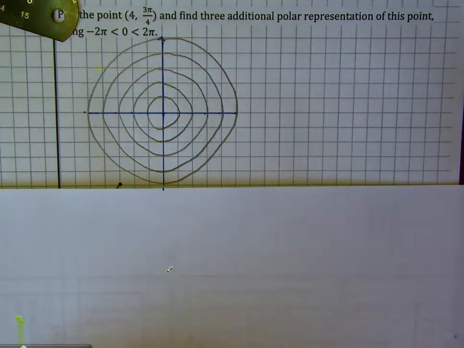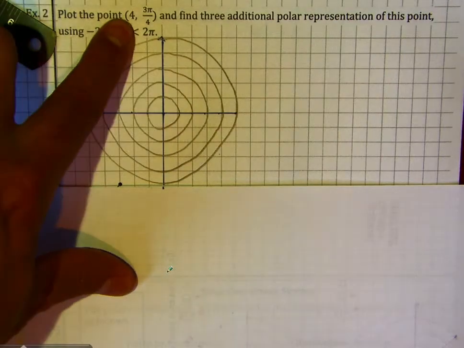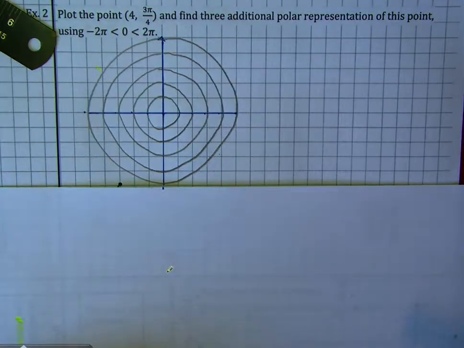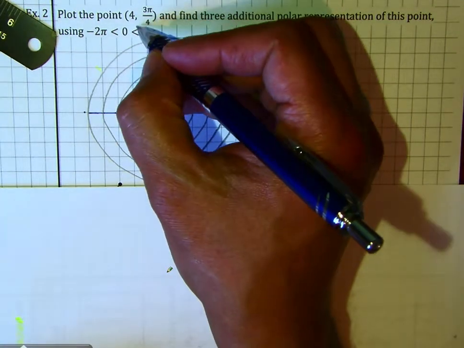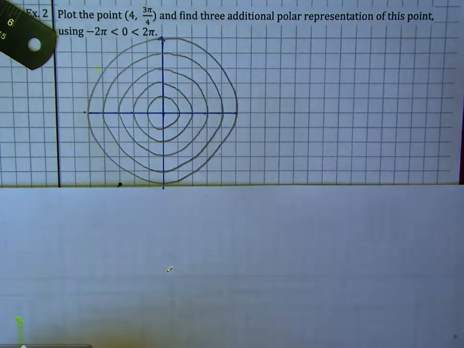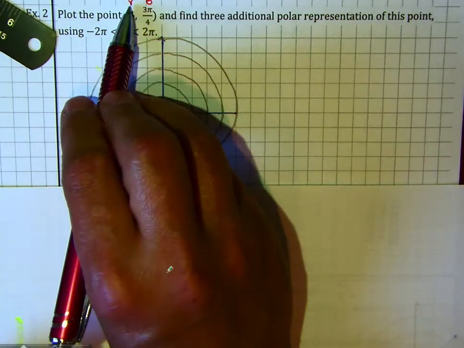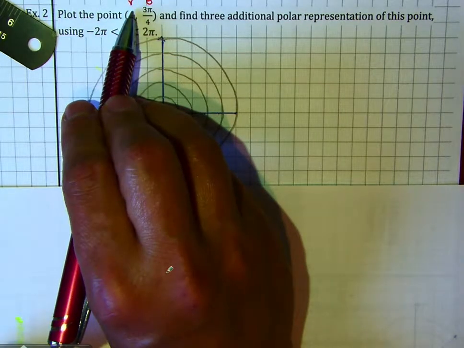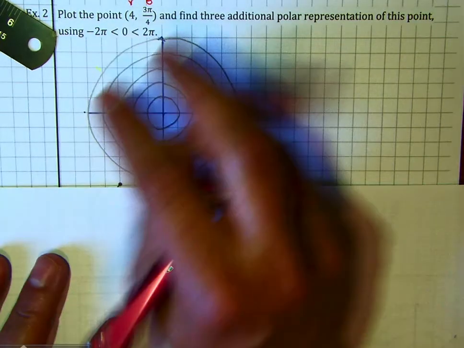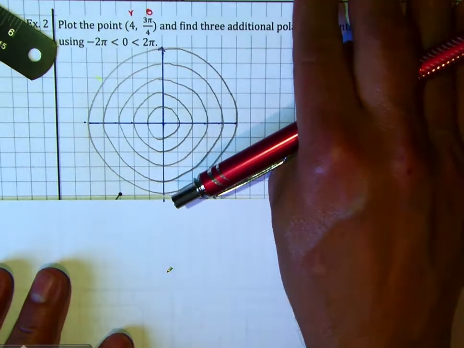So in this case, I need to plot 4 comma 3 pi over 4. So this is your r and this is your theta. You can think of r as your radius. In the previous section, we used to call that your resultant, your magnitude.